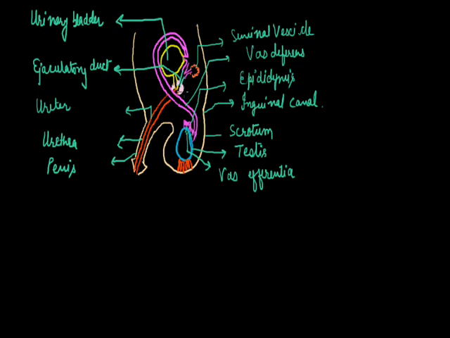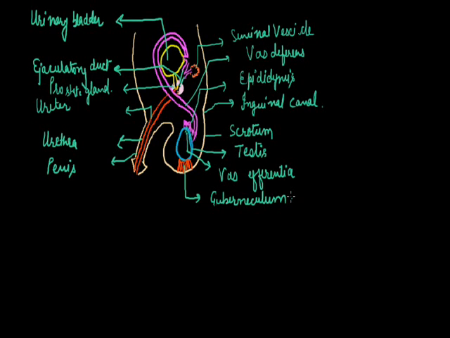This patch-like structure is a gland that helps in male reproduction, known as the prostate gland. One more structure you can see here. Testes are connected with a spiral band of thick muscular structure with the scrotum. This thick muscular structure is known as the gubernaculum. So a lot of labeling you can see here.